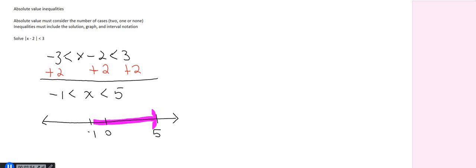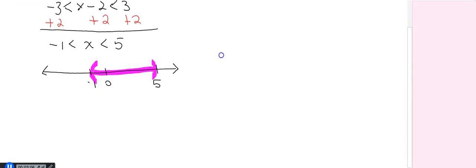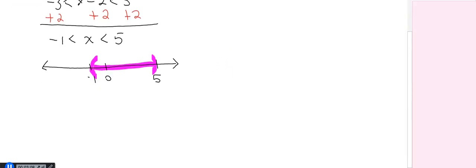So x is less than 5, but x is greater than negative 1, so here we have the parentheses in the other direction. And lastly, to write my interval notation, we read from left to right, so we're going to have from negative 1 to positive 5, close parenthesis. And that's our final solution in this case.